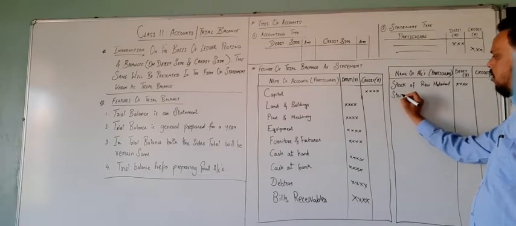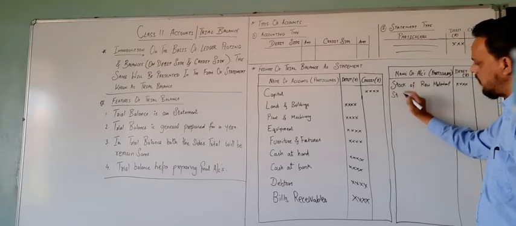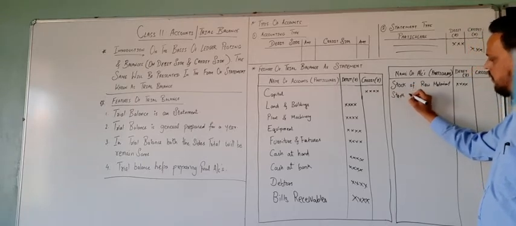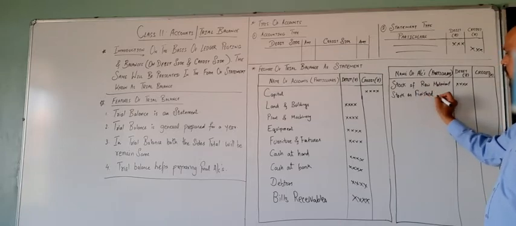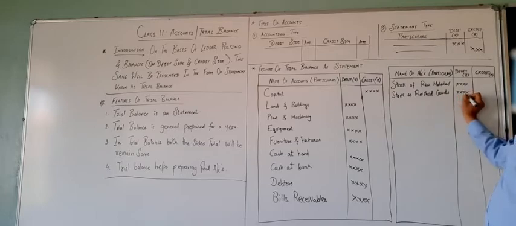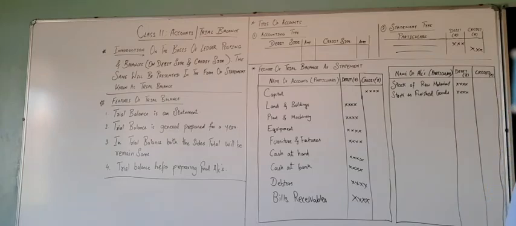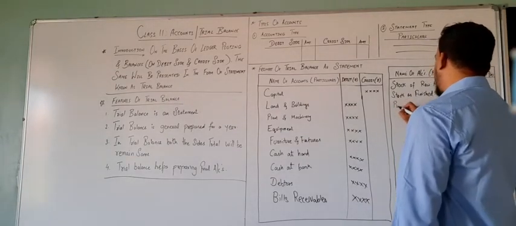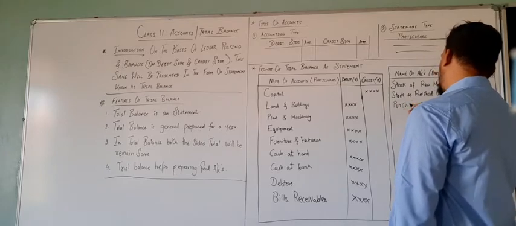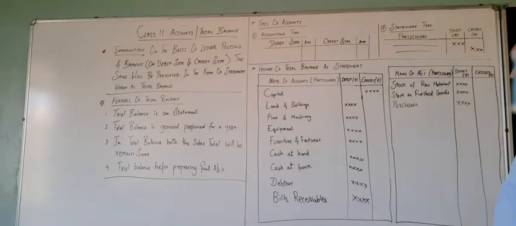Then stock of finished goods, amount will be on the debit side. Now purchase is ultimately a debit, so purchases amount will be on the debit side.